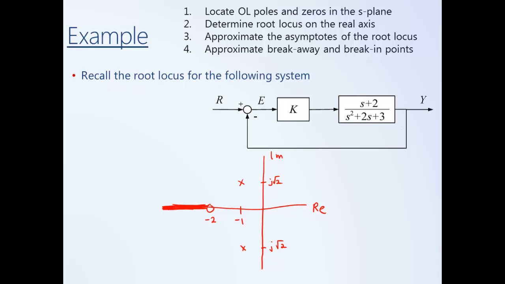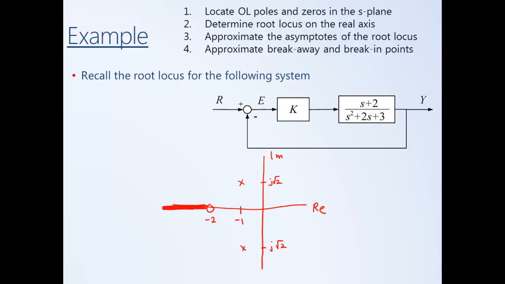Step 3 is to approximate the asymptotes of the root locus. If you recall, all branches start at open loop poles and end at open loop zeros. So one of our branches will start at an open loop pole and end at an open loop 0. However, we have more open loop poles than open loop zeros.